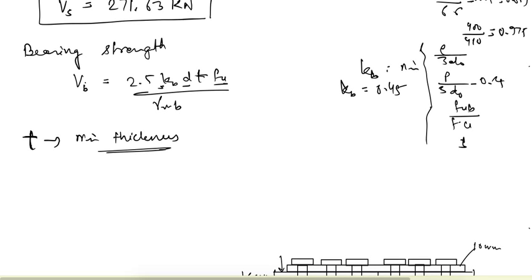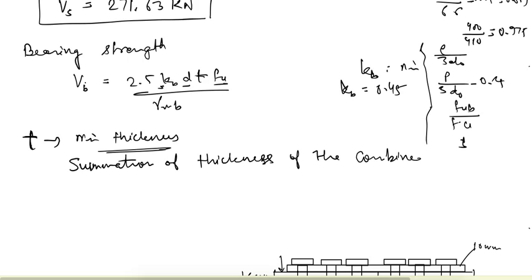The definition of t given by the code is the summation of thickness of the combined plates experiencing bearing stress in the same direction.